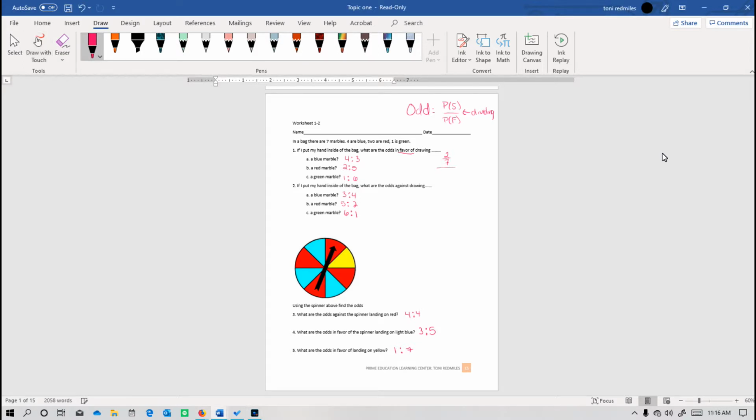Dividing this probability means I have to keep, change, flip, and my answer is going to be 2 to 5.